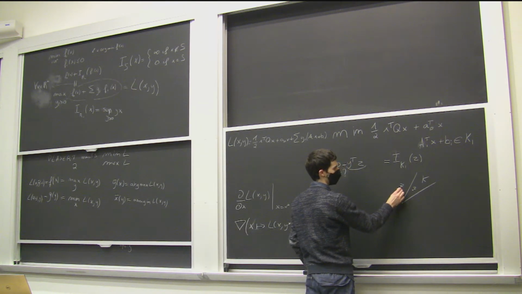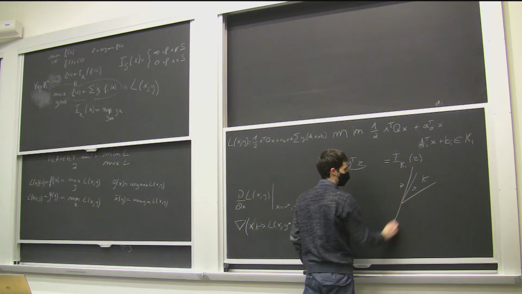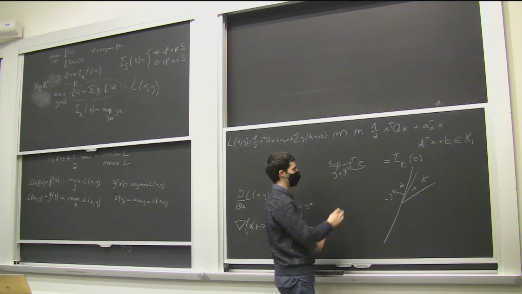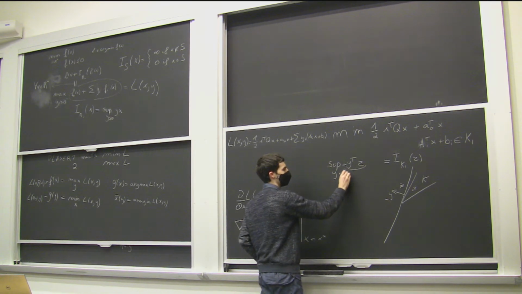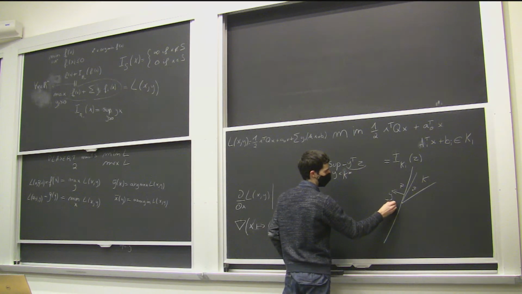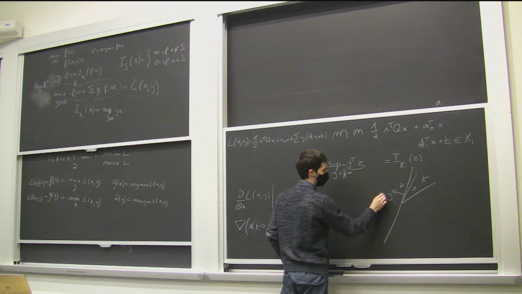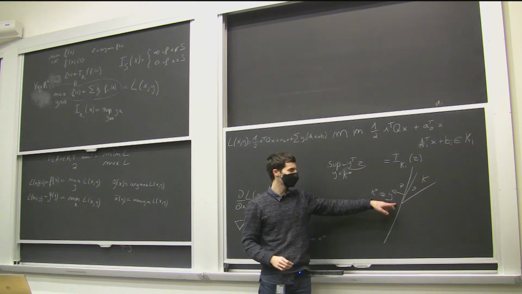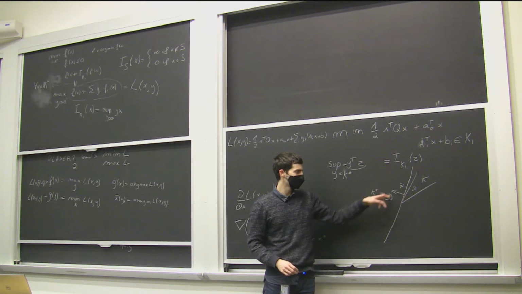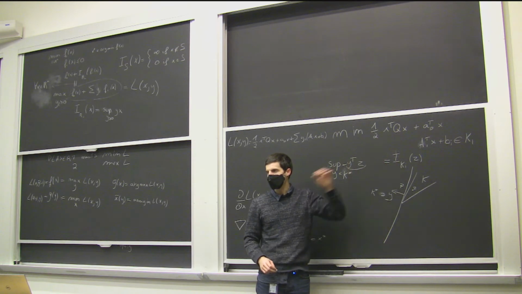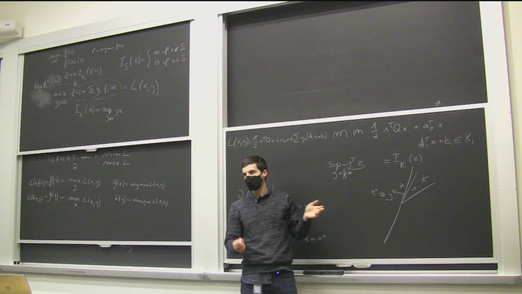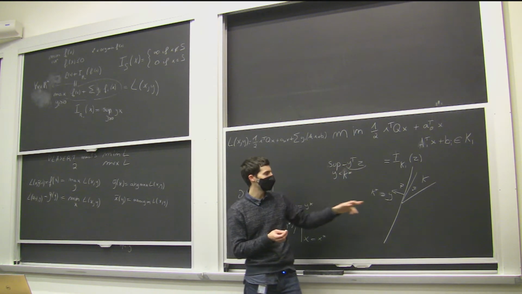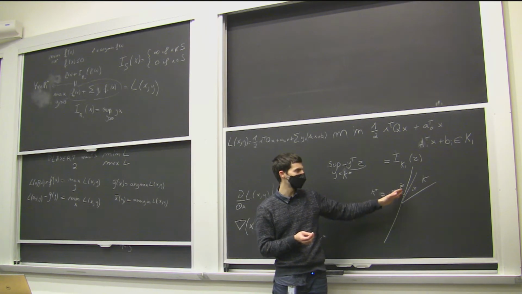Suppose this z is not in that cone. Then there exists some y in the set that we are looking for, which we will call the dual and write K star. Whenever z is not in that cone, there exists some y, which you can see as a hyperplane, because y transpose x defines a hyperplane in the space of y vectors, a hyperplane that separates z from this cone.